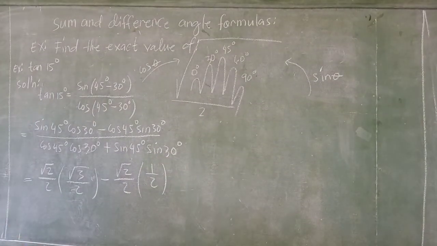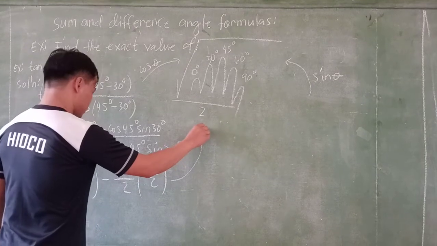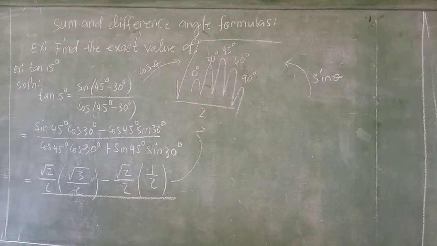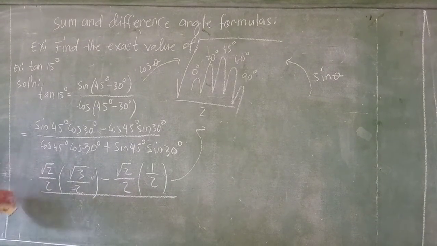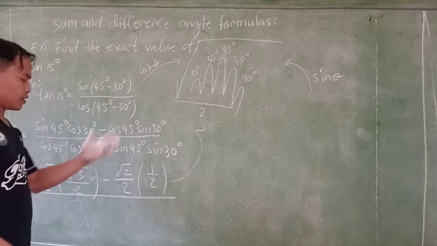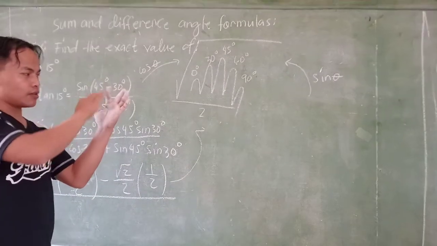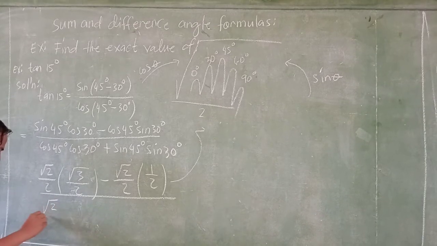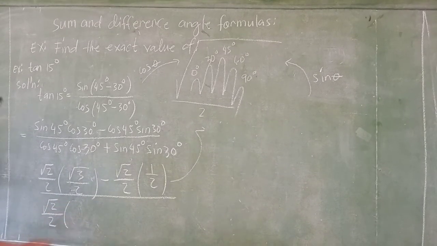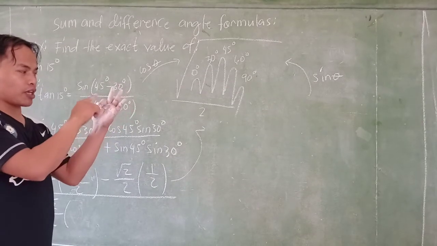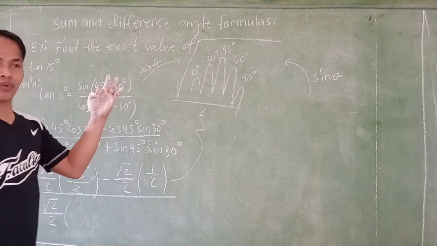Then we will have to simplify. In the denominator part, we also have cos of 45 degrees. So we have cos of 45, 0, 30, 45, square root of 2 over 2 multiplied by cos of 30, 0, 30, then the remaining one, 1, 2, 3, square root of 3 over 2.